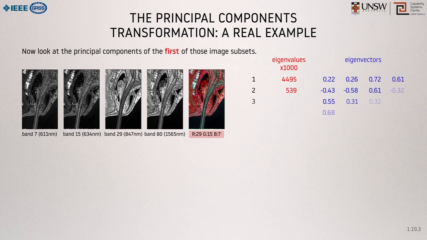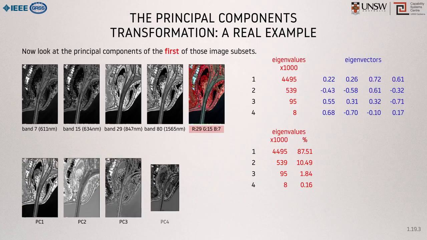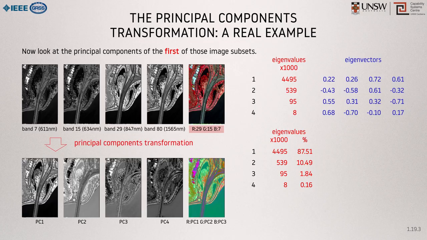Now let's examine the principal components for the first of those datasets, that is, the one which shows low correlation. This slide shows the computed eigenvalues of the covariance matrix and the eigenvectors, here displayed by row, so that we can see which eigenvector corresponds to which eigenvalue.